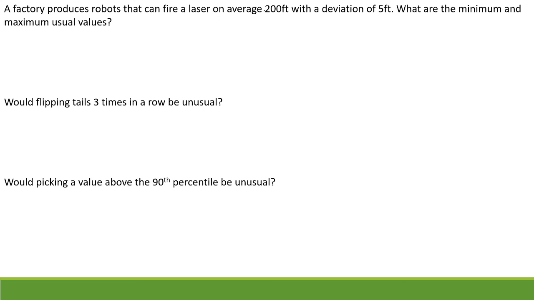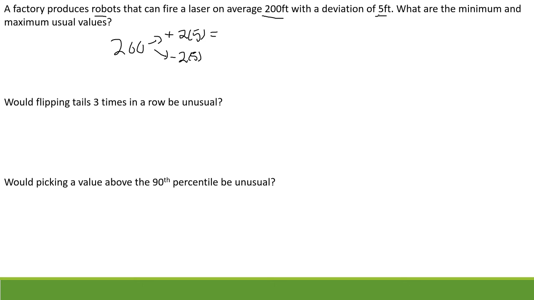Actually, let's do the first one because it's a pretty quick one. Robots can fire a laser 200 feet with a deviation of 5 feet. What are the minimum and maximum usual values? So 200 feet is my average. I want to do 200 feet plus 2 deviations and 200 feet minus 2 deviations.